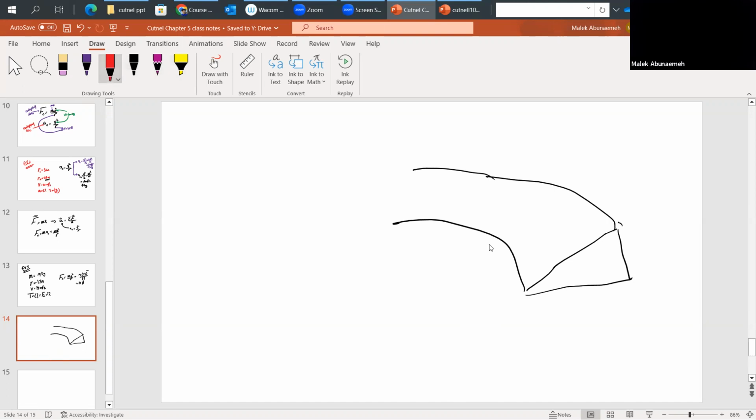Let's say this is my vehicle, so I'm just going to draw a wheel over here, here's a wheel over there, going this way. So here's your car, and this car is going in a curved path.